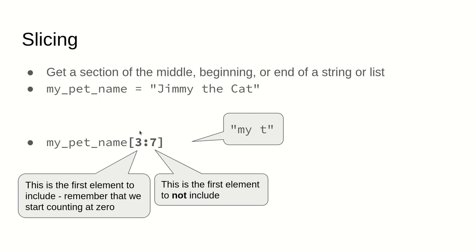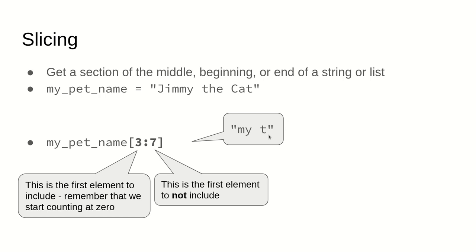And the last element that would be included is at the index 6, because the 7 that's given here is excluded. So here I get my space t. So I get out a portion of the string. And again, the result of doing this is itself a string.